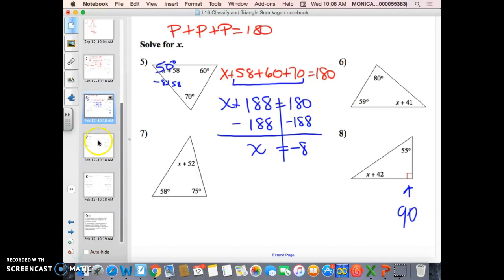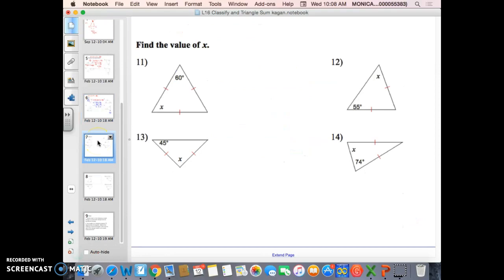Moving forward, for the next set of examples, it says find the value of x. So now we have to use what we learned about an equilateral and a scalene triangle.